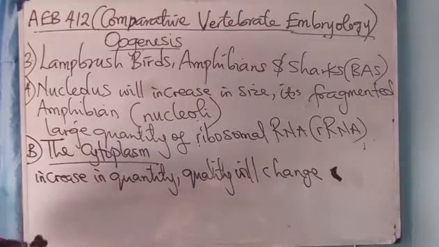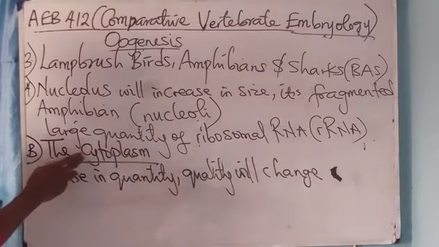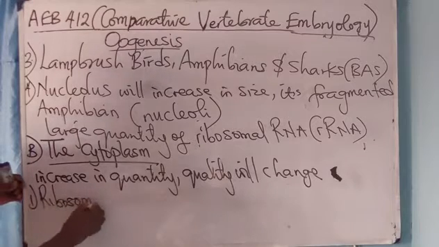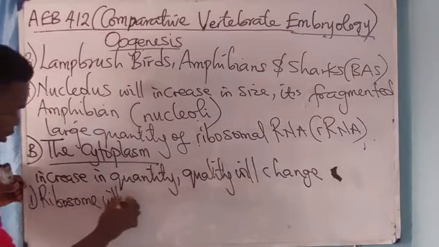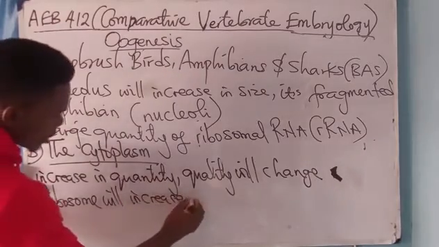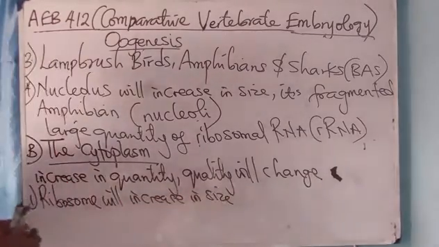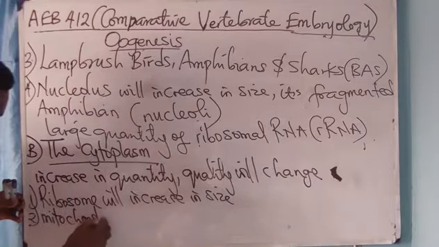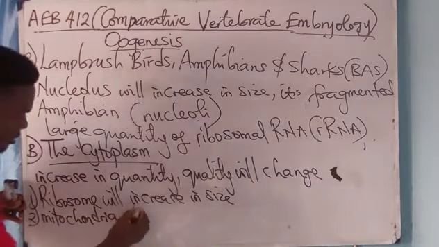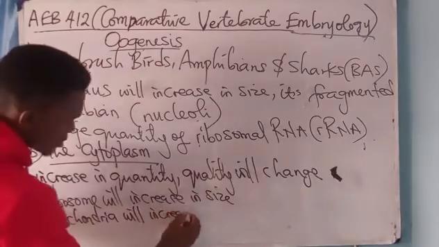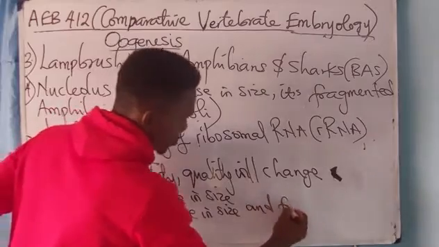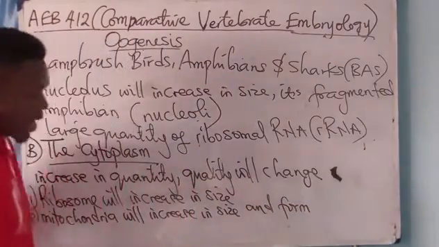So what are the activities that occur inside the cytoplasm? 1, the ribosome will increase in size. 2, the mitochondria will increase in size and form aggregates.